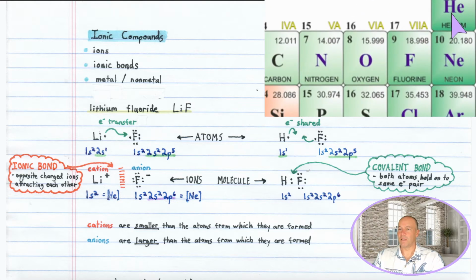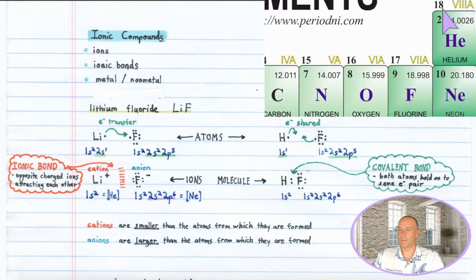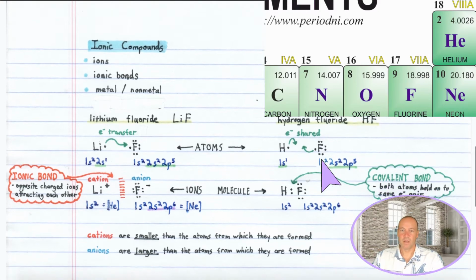So helium is element number 2, and likewise fluorine, by getting to share hydrogen's electron, it sort of gains 1, and its electron configuration is now like 1s2, 2s2, 2p6, and that's the same configuration as the noble gas neon.